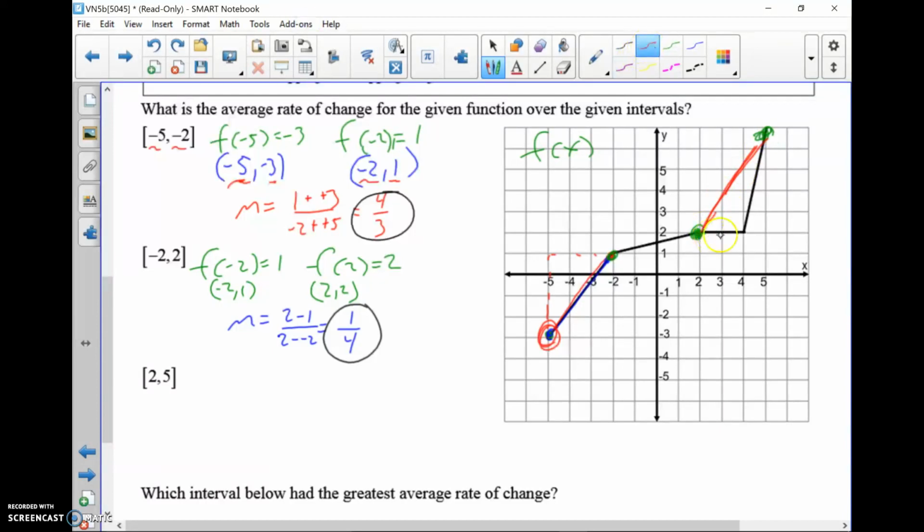Because what we could say is that the graph from 2 to 5 changes differently at different times. Like here, the slope is different than here. That's why we call it the average rate of change. Because the rate of change here is one thing, the rate of change here is another thing. But over this entire interval, the average rate of change is its straight slope from one point to the other.